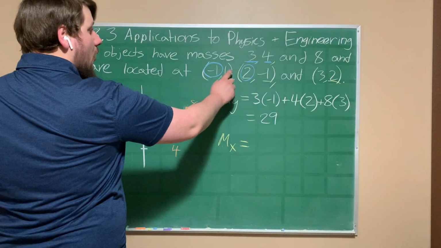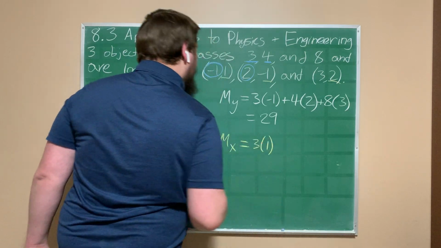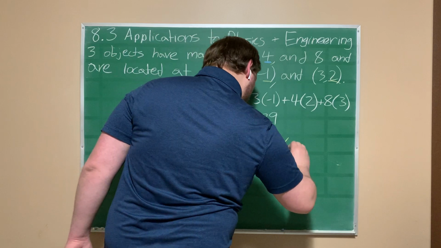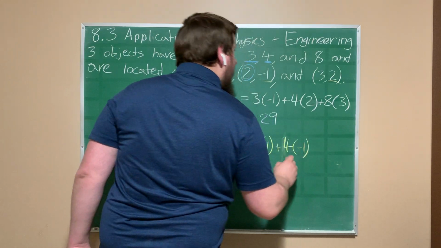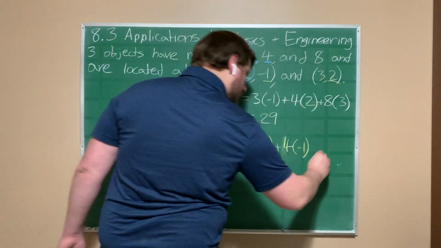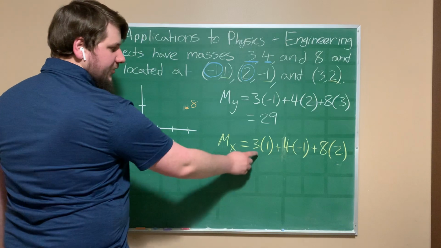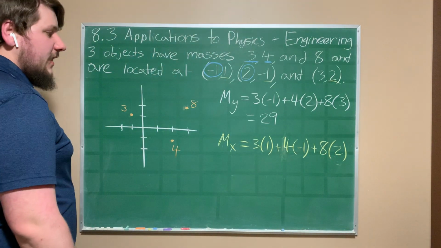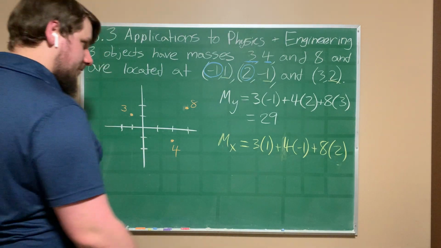So we're going to have 1 times 3, 4 times -1, and finally, 8 times 2. So we're going to end up with 3 minus 4 plus 16. That comes out to a total of 15.